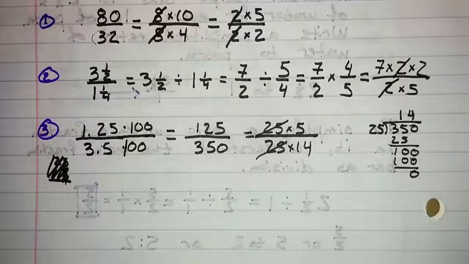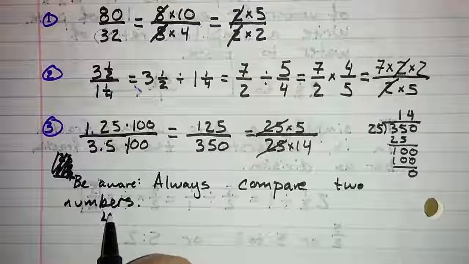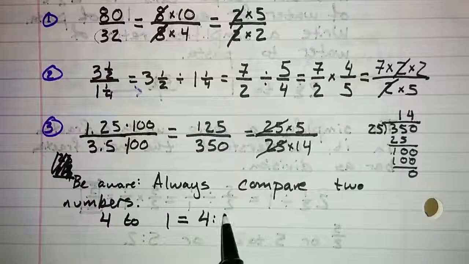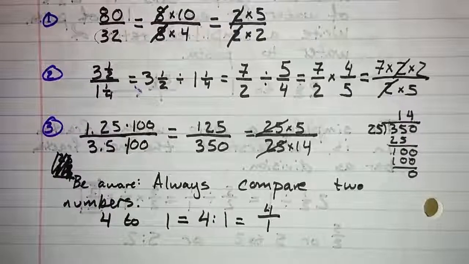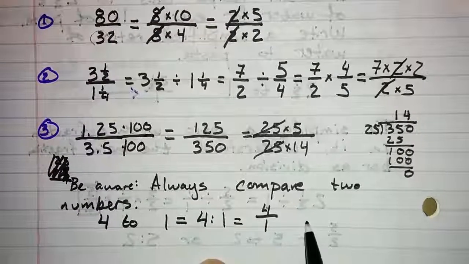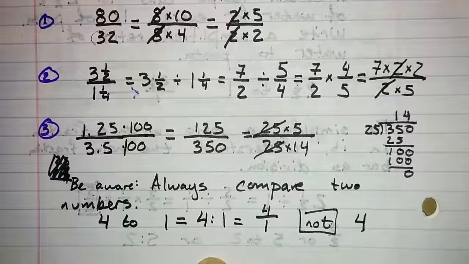One other thing that we need to be aware of in simplifying ratios, and that is a ratio always compares two numbers. So for example, if we have the ratio 4 to 1, or we could write it 4:1, or we could write it 4 over 1, but not just 4.